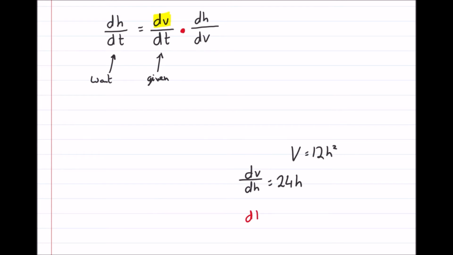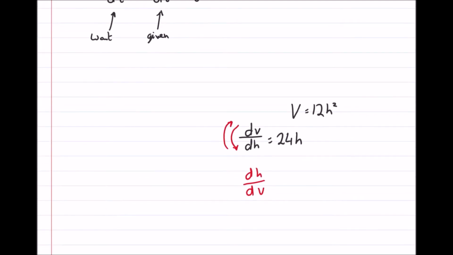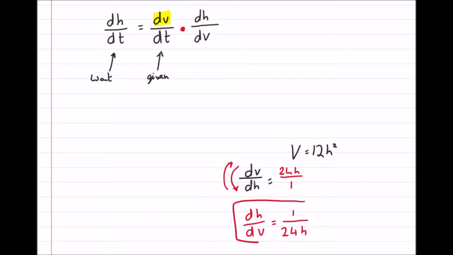So dh over dV, if I flip that, if I flip it from top to bottom, okay, just look at this, I can say that's 24h over 1, and therefore I can flip it around to 1 over 24h. Okay, that's just a little trick. Okay, so now I have the rate of change of height in relation to the volume. So that can go in there.